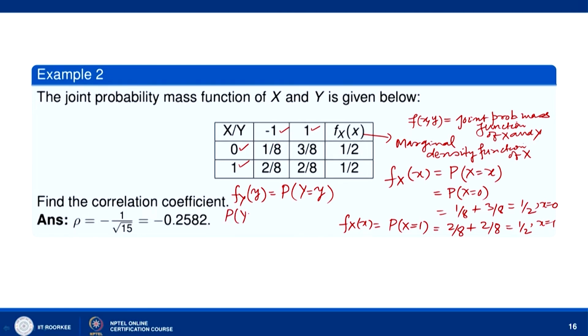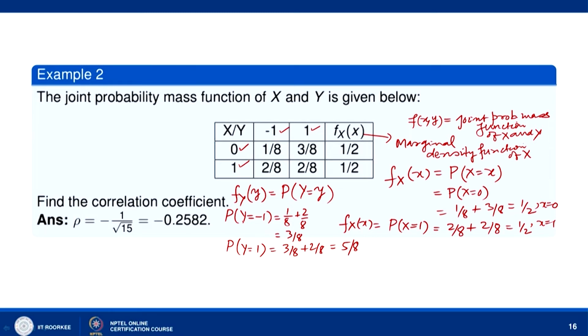This will be equal to 1 by 8 plus 2 by 8, which is equal to 3 by 8, and the probability that y takes the value 1 is equal to 3 by 8 plus 2 by 8, which is equal to 5 by 8.